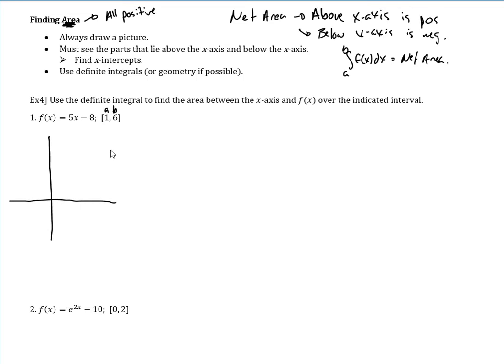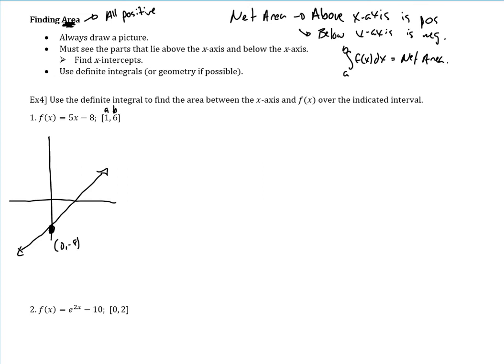The y-intercept would be down 8, so that's 0, negative 8. Then the slope is 5, so that would be up 5 over 1. It's not going to be super accurate, but I'm just going to draw something that is up 5 over 1, we'll pretend, like that.